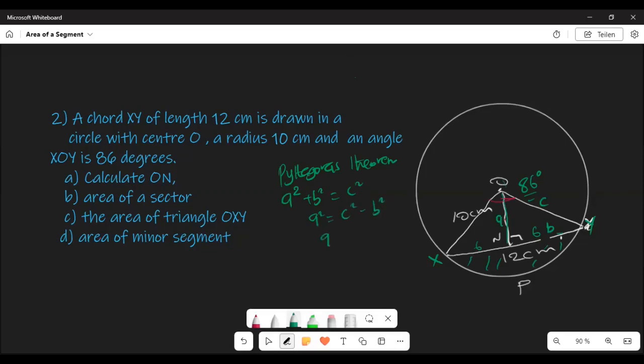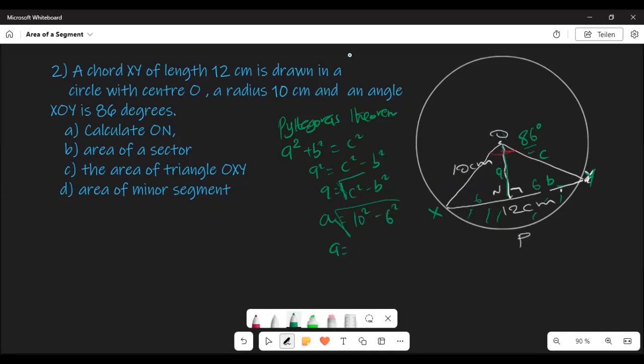So A equals the square root of C squared minus B squared. C is 10, so that is 10 squared minus B squared, which is 6 squared.